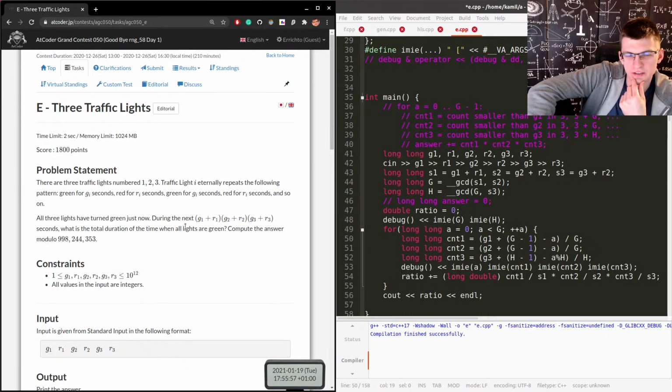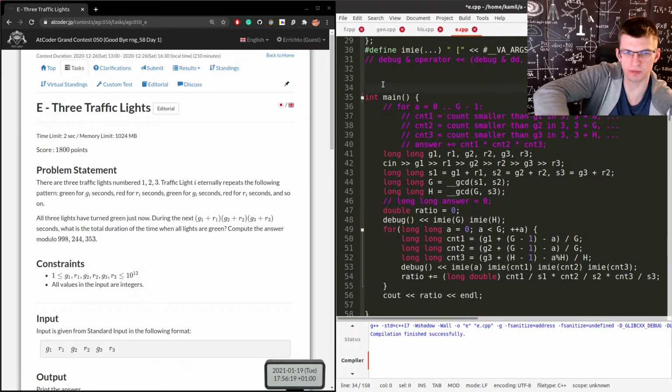Let's try something else. If I can have linear time complexity, I can iterate over remainder modulo S1. And then maybe that allows me to handle the other two numbers quickly, in constant time or O(log), because I can deal with two lights very quickly.